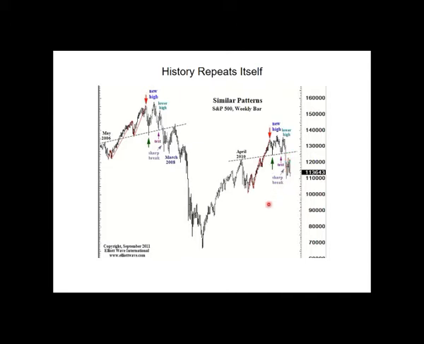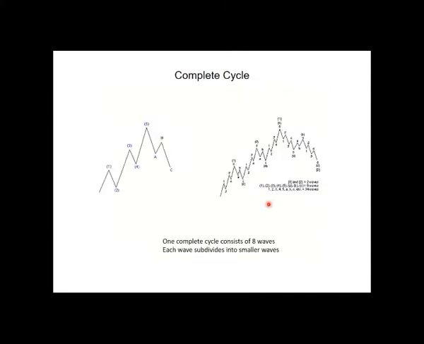This is what I mean by history repeats itself. Once you master the Elliott Wave, you can use past patterns to identify future patterns. And right now, I'm going to talk a bit more about these 5 wave patterns.